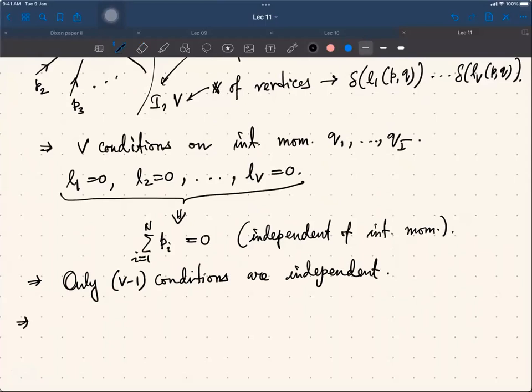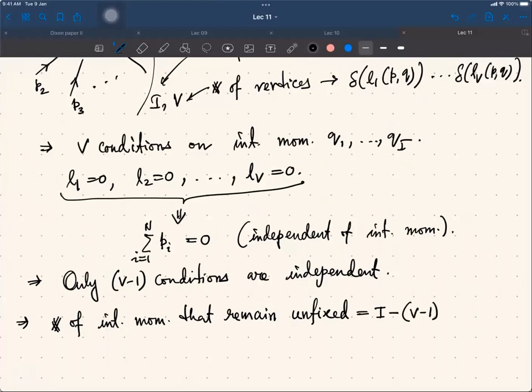This implies that the number of internal momenta that remain unfixed is given by I, the total number of internal momenta, minus the number of independent equations constraining them, and that is I minus V plus 1, and that is L.